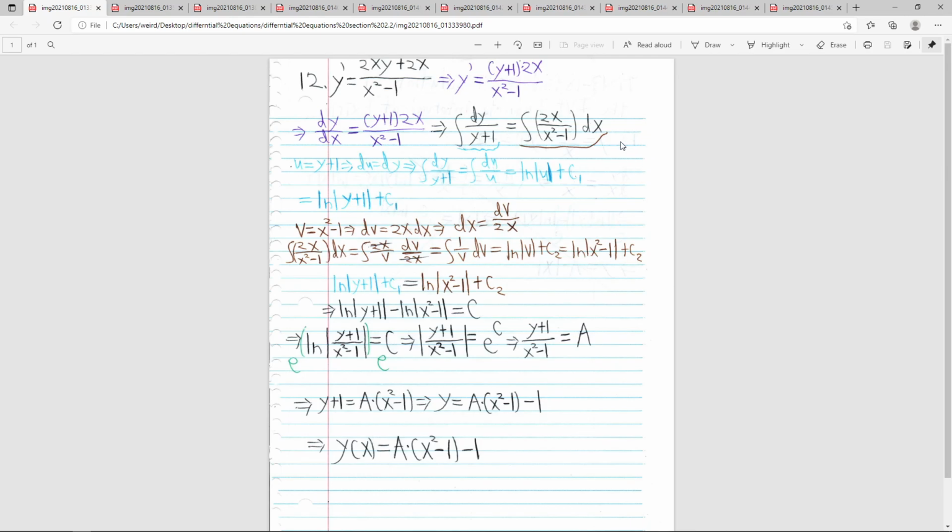So we have the integral of dy over y plus 1 and the integral of 2x divided by x squared minus 1. So the trick here, we'll first do the blue, which is dy over y plus 1. You do u substitution. It's ln absolute value of y plus 1 plus c1. And we'll do u substitution, but with v, to distinguish it, for 2x over x squared minus 1.